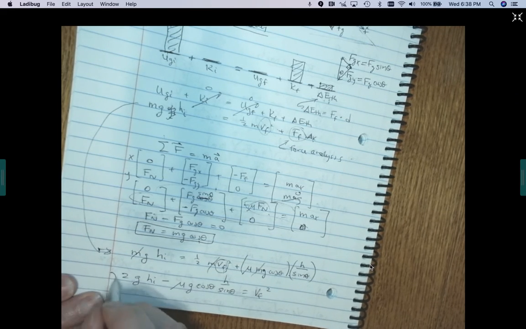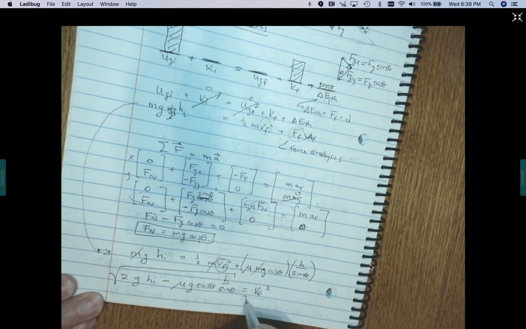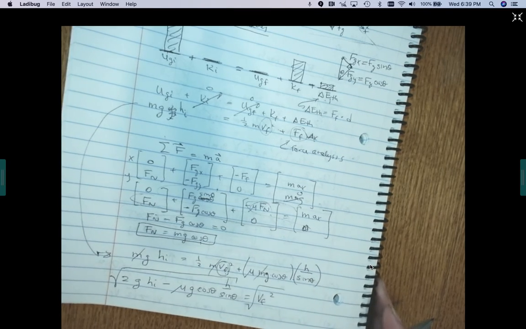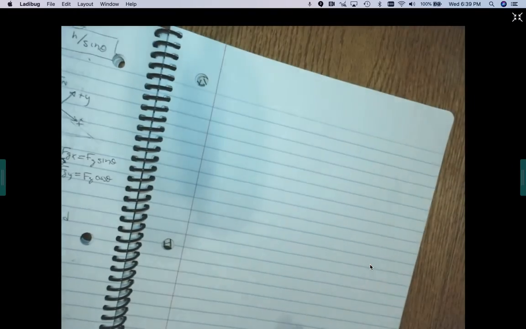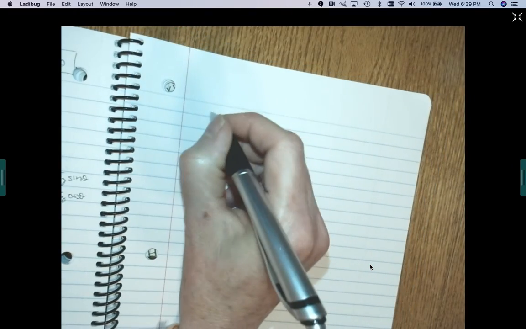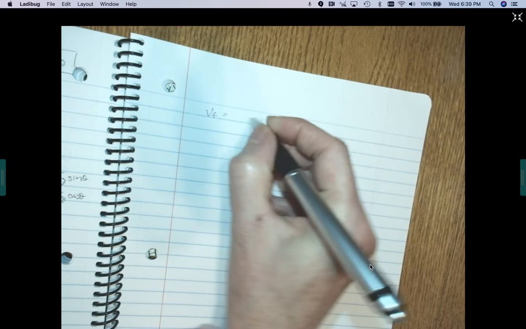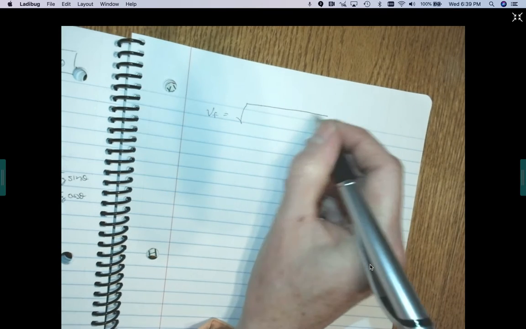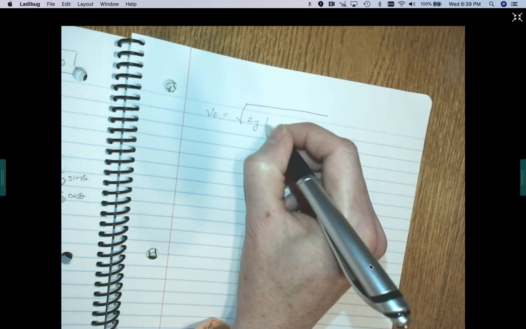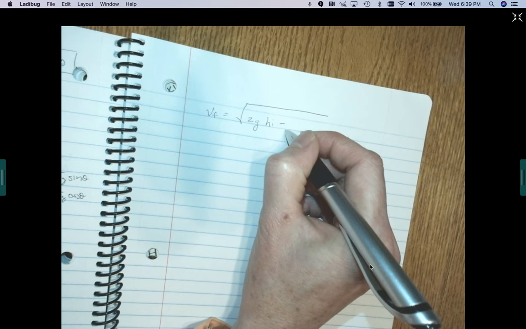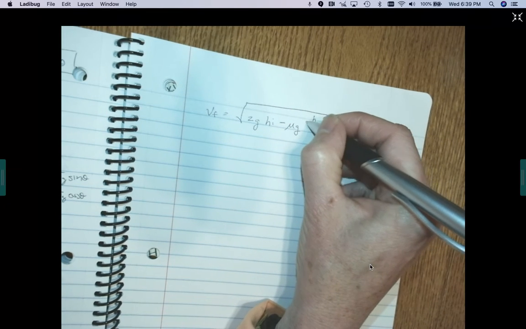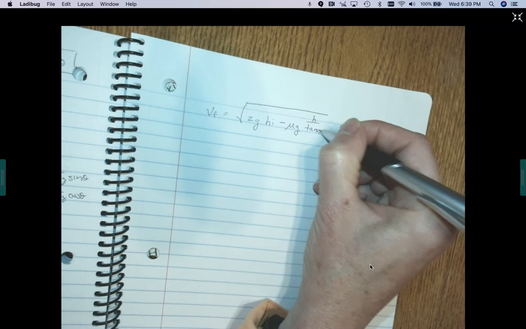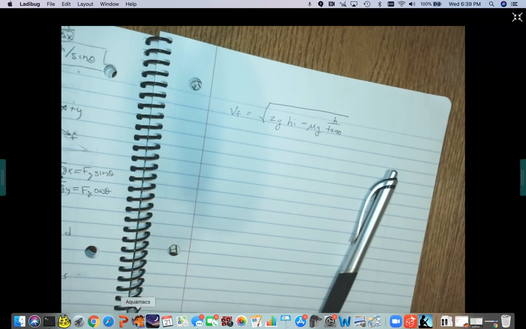Okay, I'm going to take the square root of both sides. So we have v final equals the square root of 2g h initial minus mu g h over tan theta.